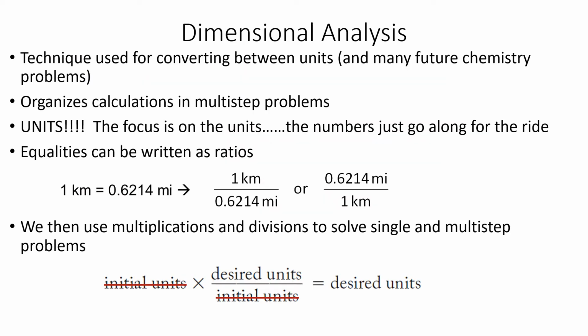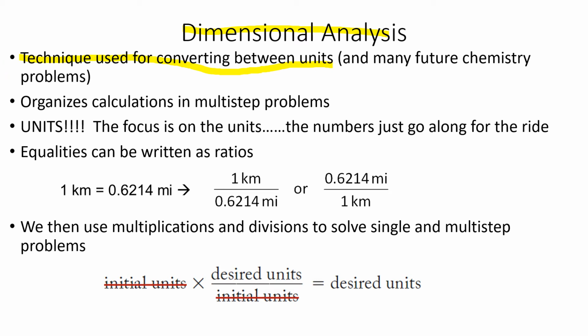The technique we're going to use to solve quantitative problems this semester, almost all of them get done this way. I'd say over 95% of the calculations we do are going to be in the form of dimensional analysis. Dimensional analysis is a technique used for converting between units.